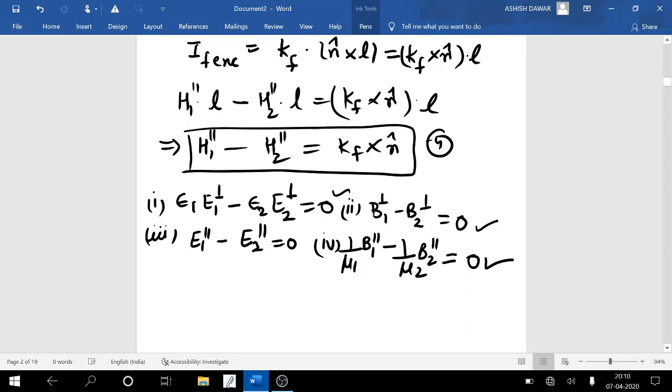So these are four boundary conditions which are the basis for the theory of reflection and refraction. These equations just relate the electric field and magnetic field on the two sides of the interface. So we use these boundary conditions to find the reflection and transmission at normal incidence.